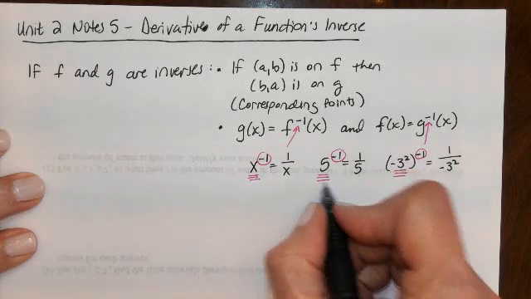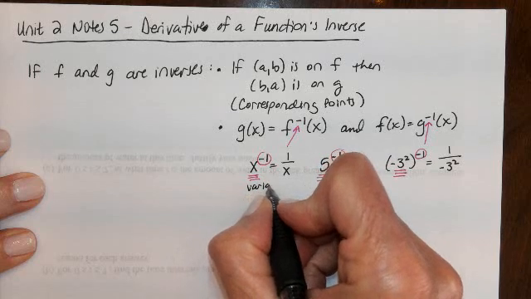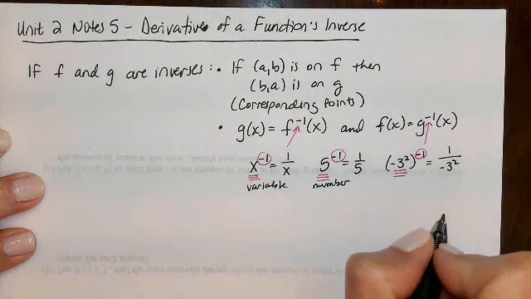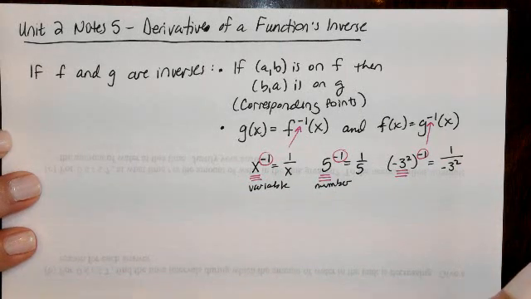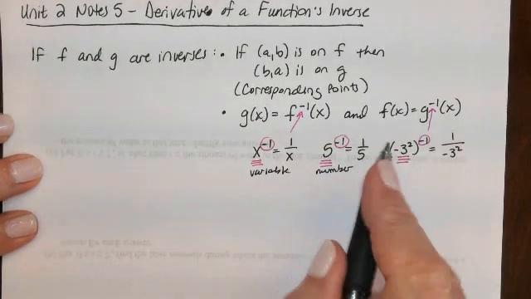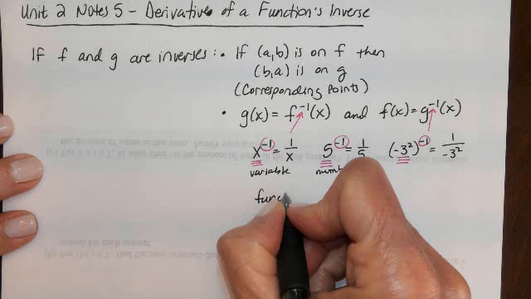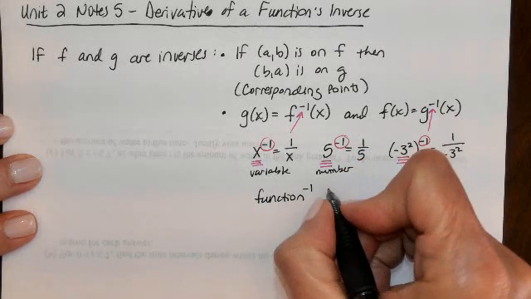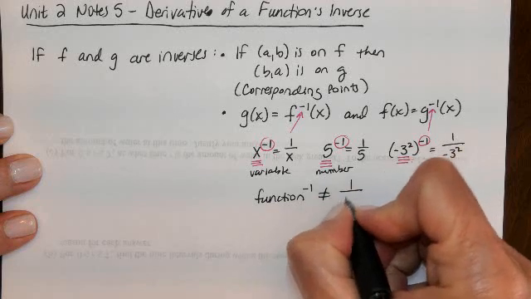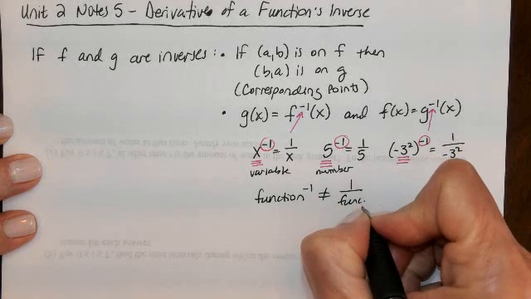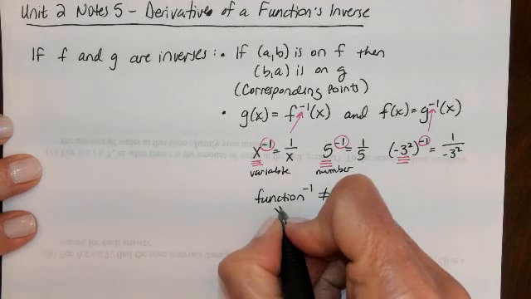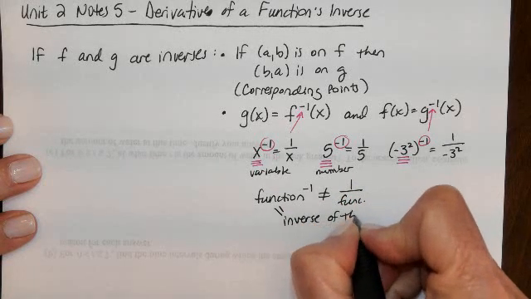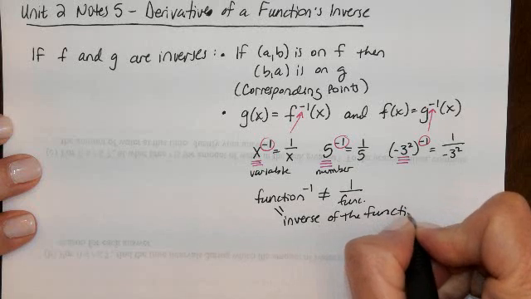But if this is not a variable or a number, in other words, if it's a function, then it does not mean reciprocal. If it's a function and we have that -1, that does not mean it's 1 over that function. Okay? What it means is it's the inverse of that function. It's just a notation.